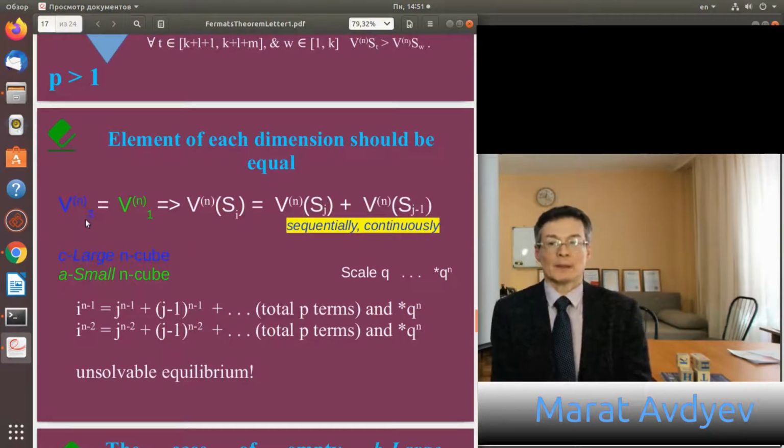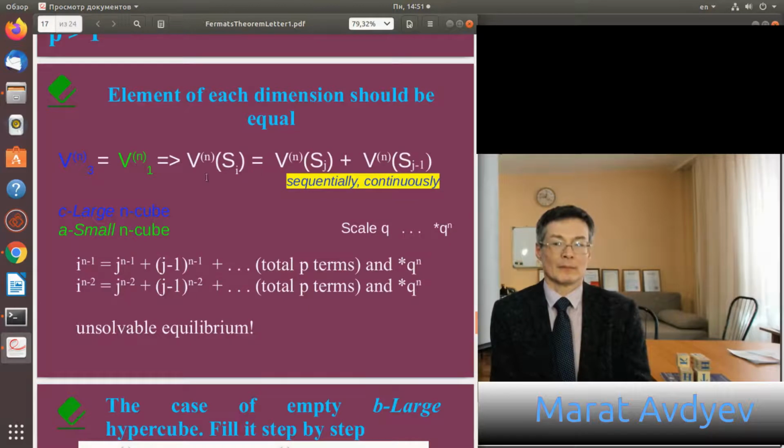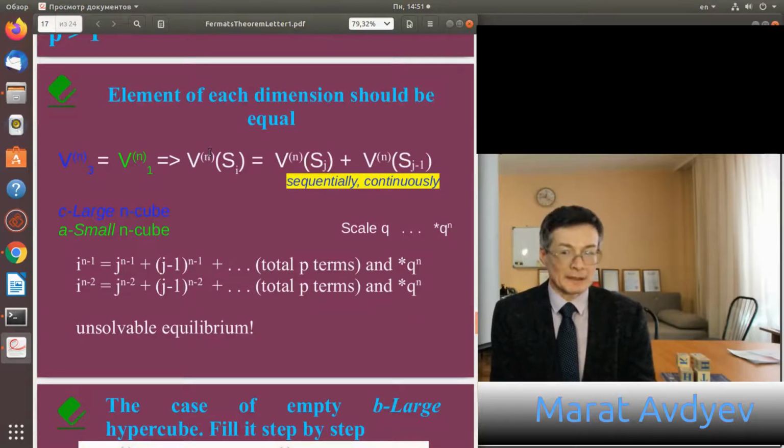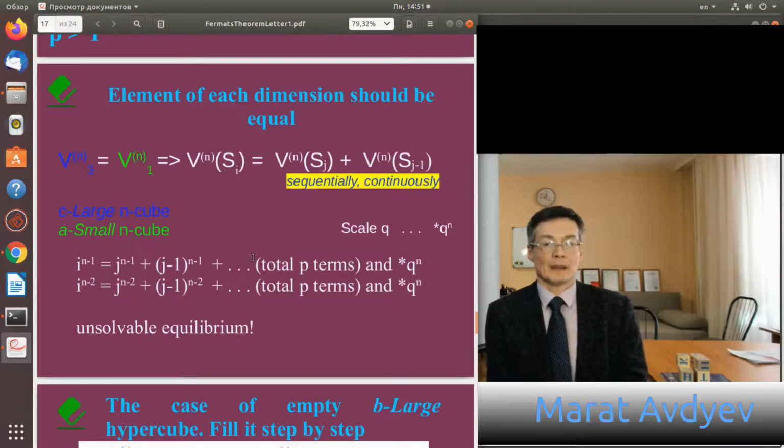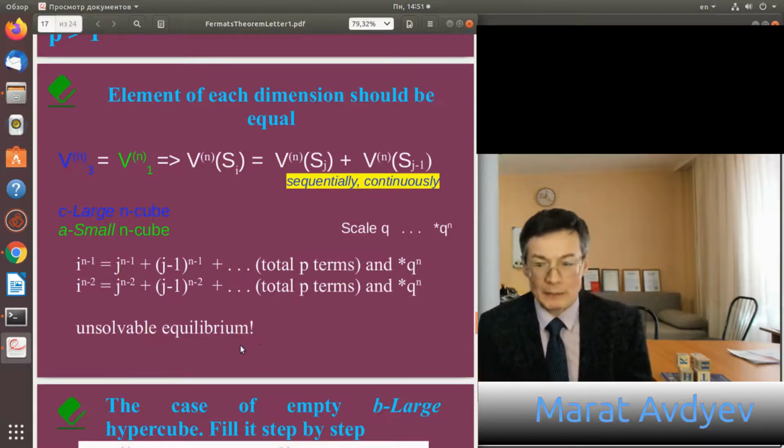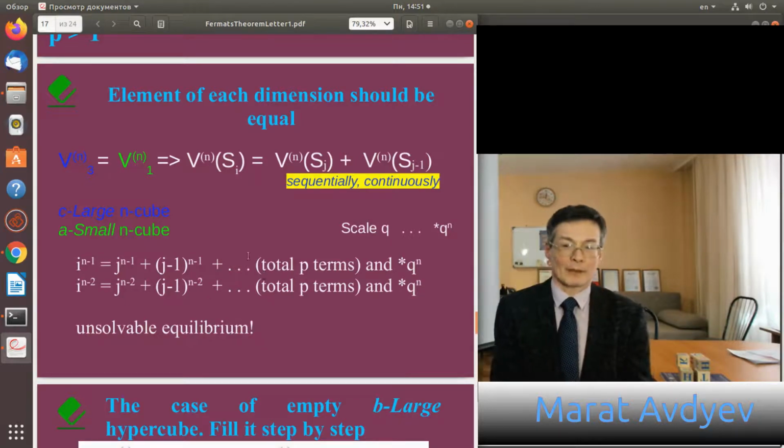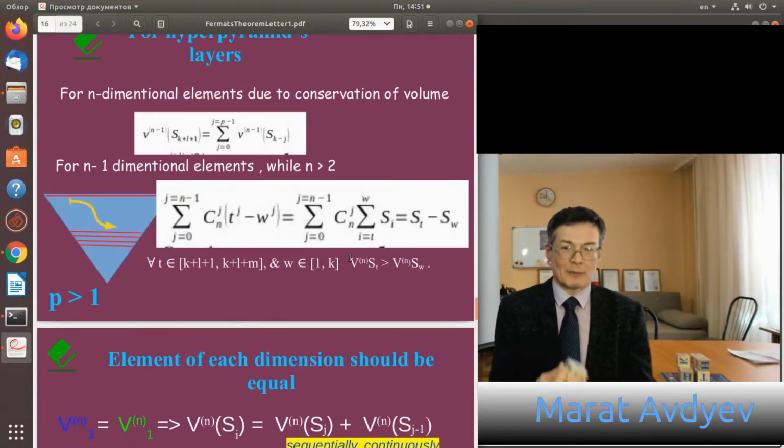Consequently, if v1 equals v3, here you are, for layers Sg and Se plus the volume Sg minus 1, consequently, we get an unresolvable equilibrium, where p total times is greater than 1, but p we suppose is an integer number due to the symmetry of the hypercube.